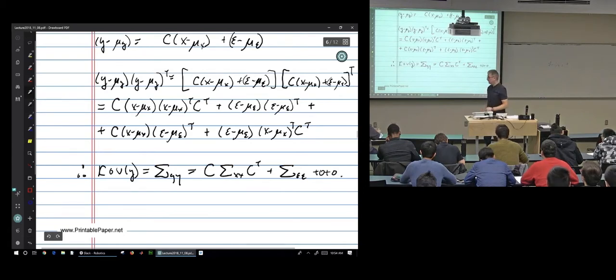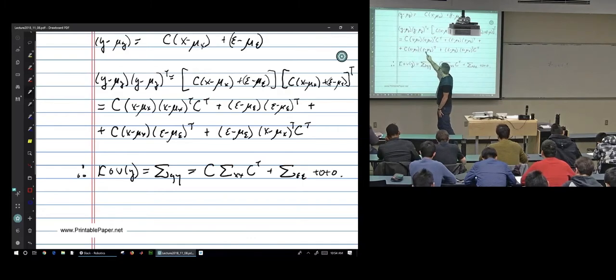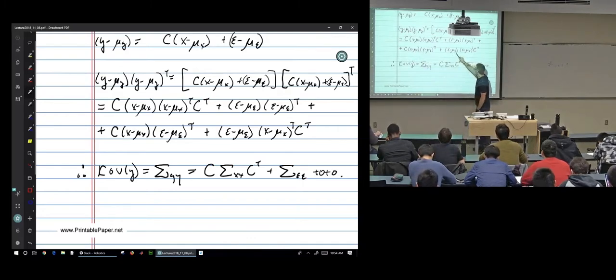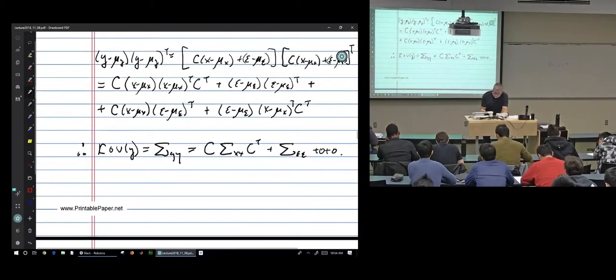Just to recognize that we check this term: this is sigma x epsilon, and this is sigma epsilon x, and then the c transpose, okay? So that's the covariance of y.